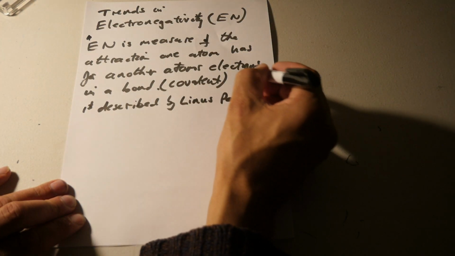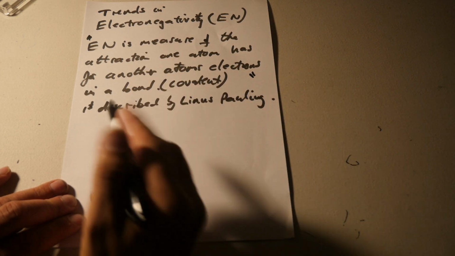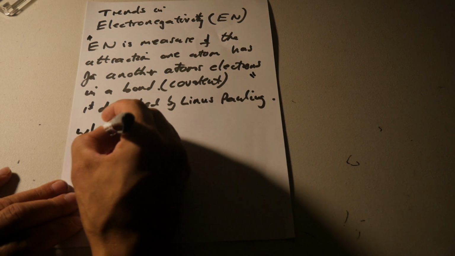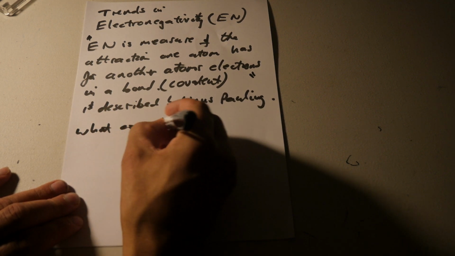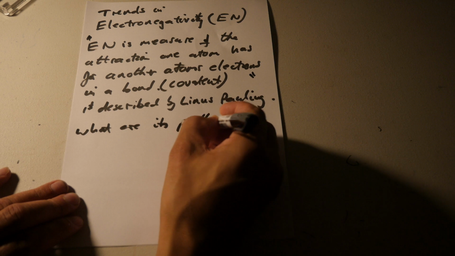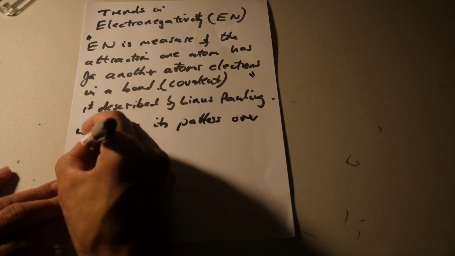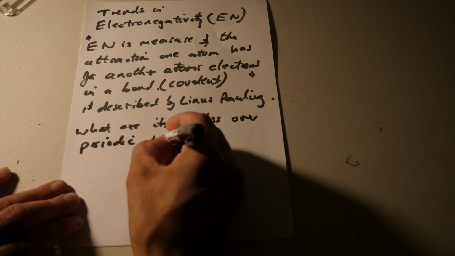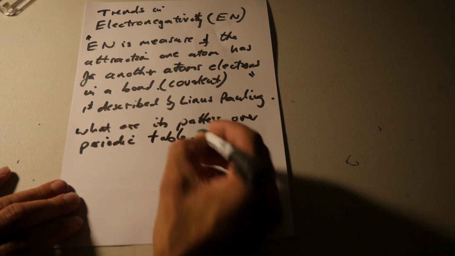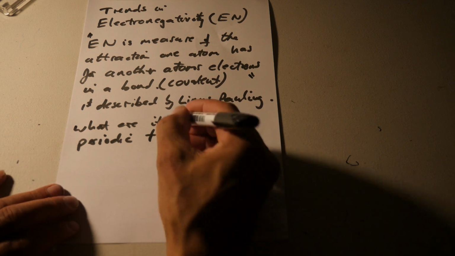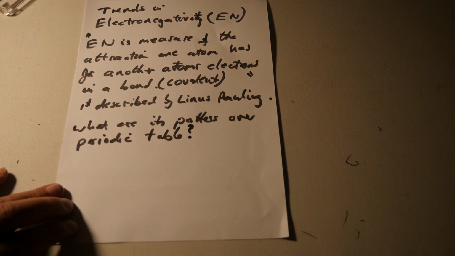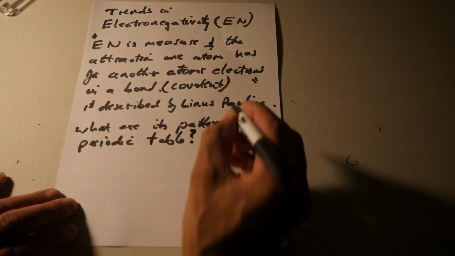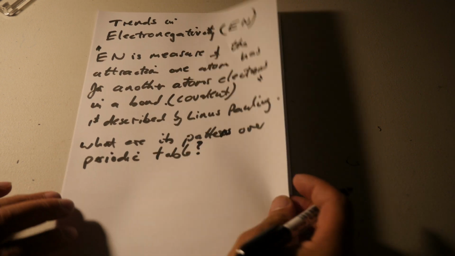What are its patterns? How does it change over the periodic table?